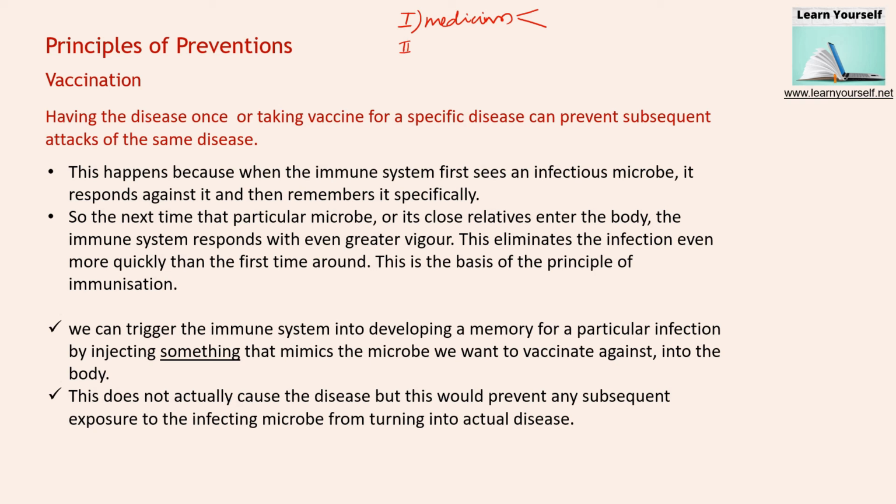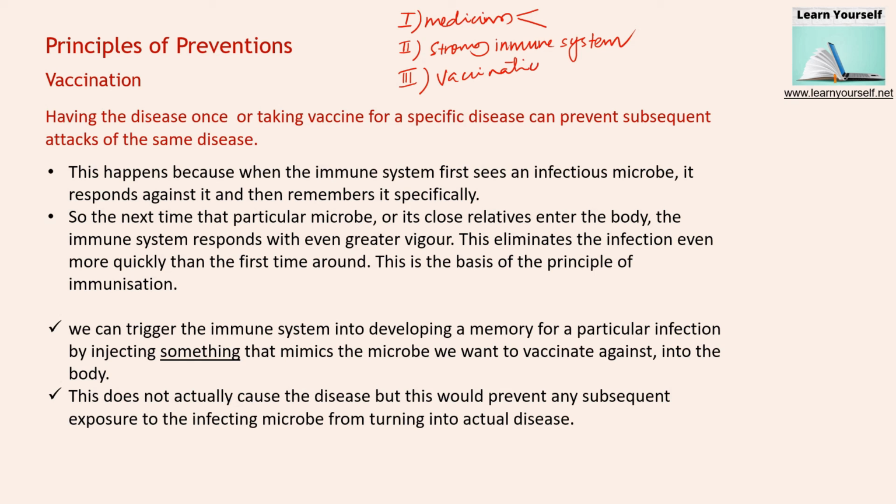Second, we have discussed that prevention is better than cure, leading a healthy life, or having sufficient nutritious food and a strong immune system will be a better prevention against all infection. So second is that our strong immune system will save us from any kind of microbial infection. And third one is vaccination.